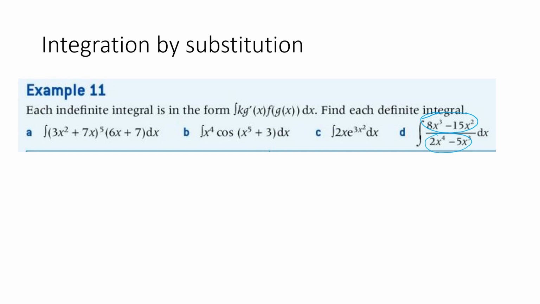Okay, if you remember what I said a while ago in the first example, the one to be represented by u is the one with the higher degree. In this case, it's the denominator because the degree is 4. So let's call our u 2x raised to 4 minus 5x cubed.